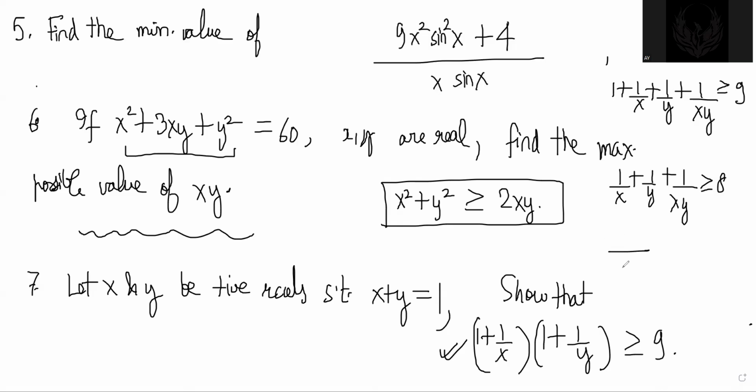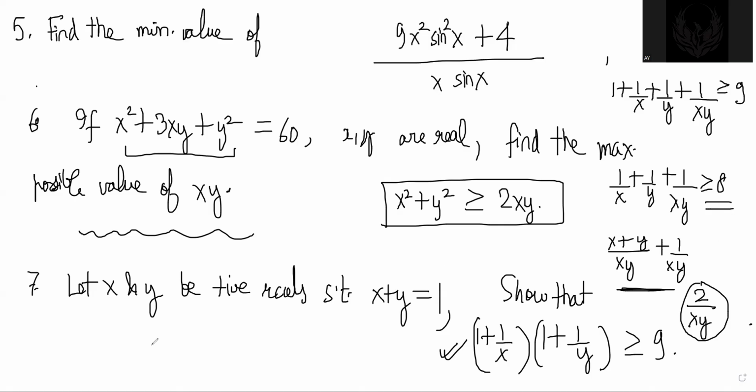So we can take xy common denominator. Here it is x plus y on top plus 1 by xy. x plus y is 1. So this is like 2 by xy. This expression is 2 by xy. We need to show that 2 by xy is greater than or equal to 8.